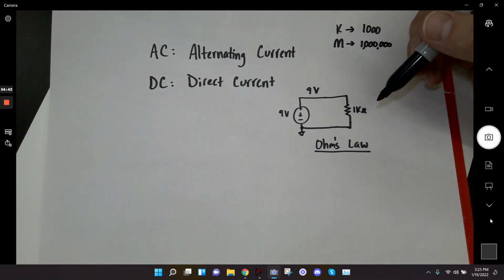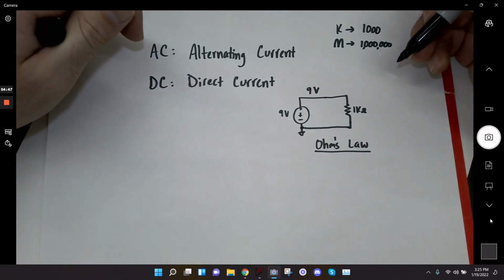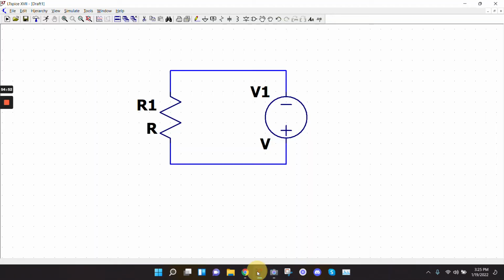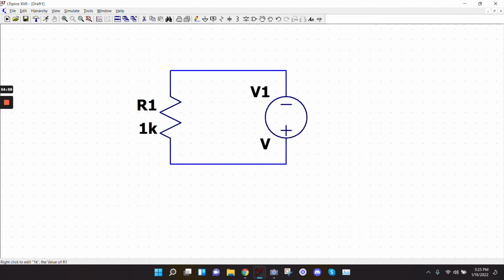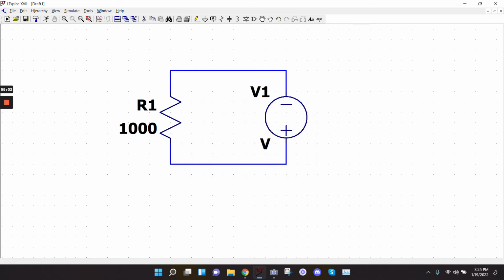So that's a 1,000 ohm resistor. That's what Spice does as well, correct? Yeah, if I go into Spice and I take this resistor and I want to give it a value, I can write 1K and it knows now this is a 1,000 ohm resistor. However, I can also write 1,000 and it's the exact same thing.